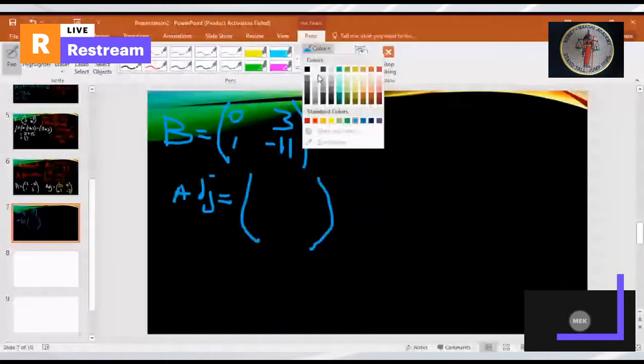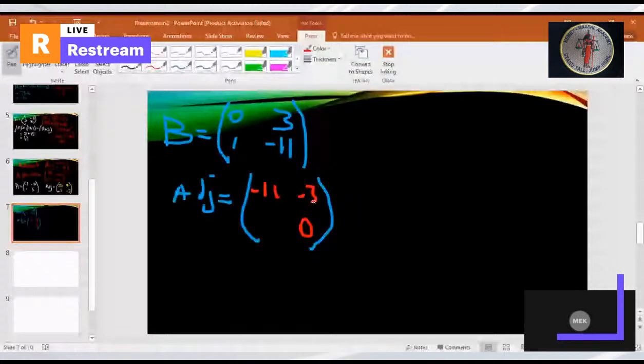It will be -11, 0, and -3, -1. So we switch places with the A and the D, and we change the sign of whatever the B and C were. They are both positive here, so we change the sign.